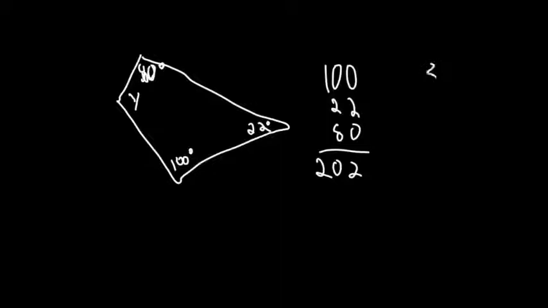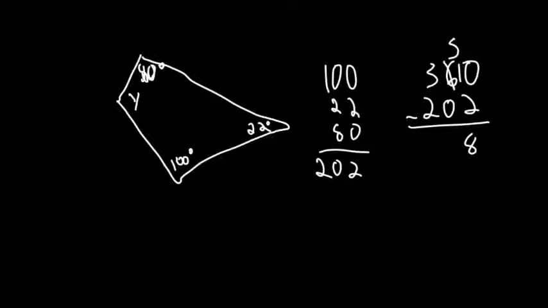Then there's 360 degrees in any quadrilateral. So I'm going to subtract 202 from 360, and get a measurement of 158. So y would equal 158 degrees. Alright, so we'll do one more.